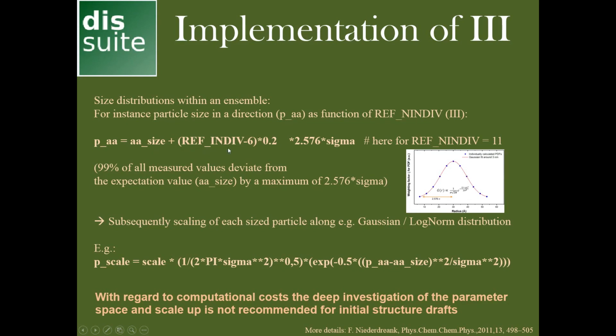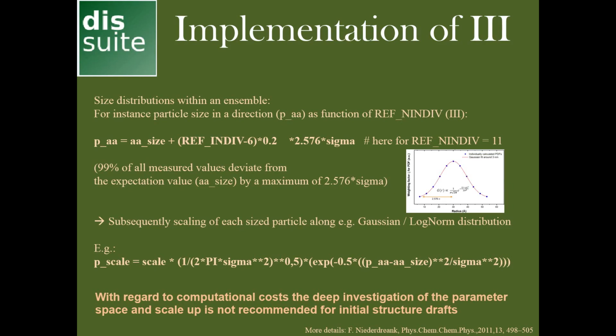For the first particle, this value is 1, so this gives minus 5 times 0.2, so minus 1 times 2.576 times sigma. So this is this value away from the average size in this Gaussian function. Ref indiv counts up to 11 for all these different points, and then we have calculated different radii along this axis, so 11 different equidistant sized particles as an approximation.